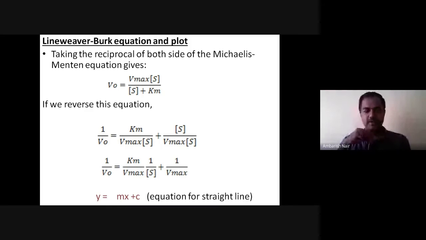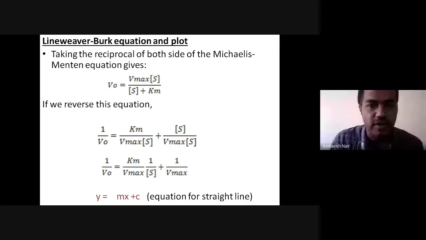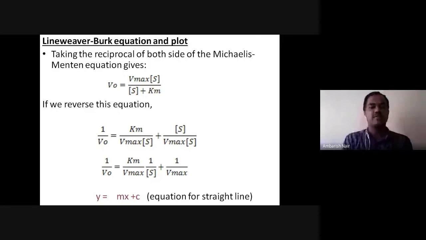Now take that equation and reverse it. That means you make it ulta. When you reverse this equation, V naught will become 1 by V naught, and on the right side, whatever is in the denominator will go to the numerator, and whatever is in the numerator will come down to the denominator.